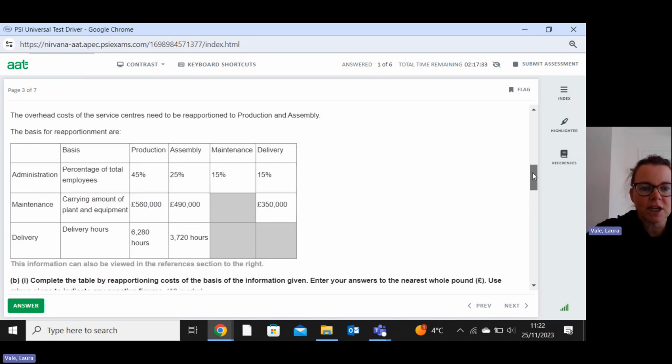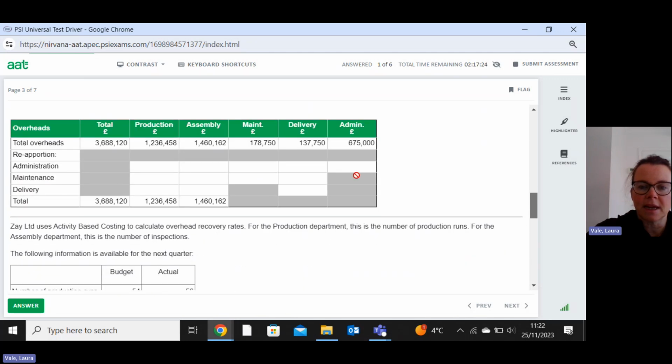Right, so administration is being dished out in these percentages, 45, 25, 15, 15. So what I'm going to do here is I'm going to put minus, not brackets, follow the instructions. And then I'm going to dish that out.